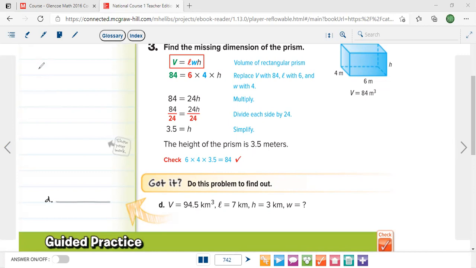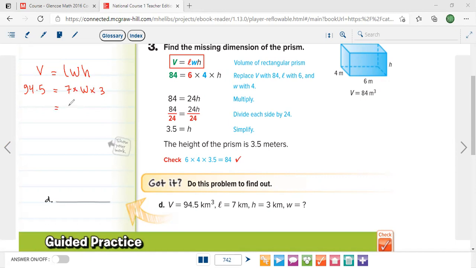To solve it like equations, we know that volume equals length times width times height. So under the V, we write its value, which is 94.5. And the L is 7, multiplied by the W, which is unknown, so we write it down as W, multiplied by the height, which is 3.